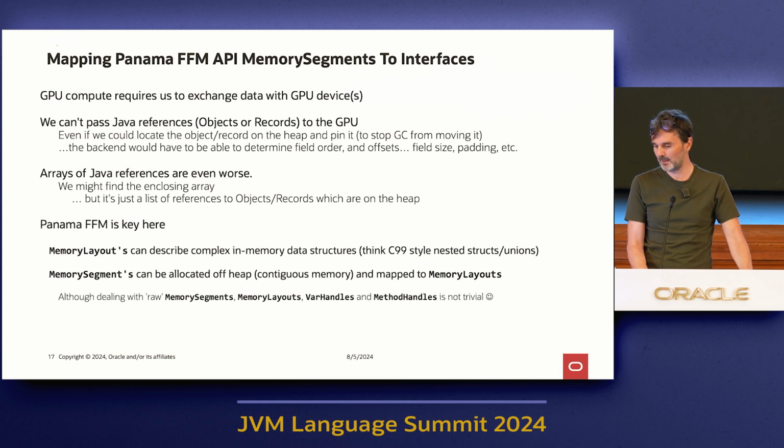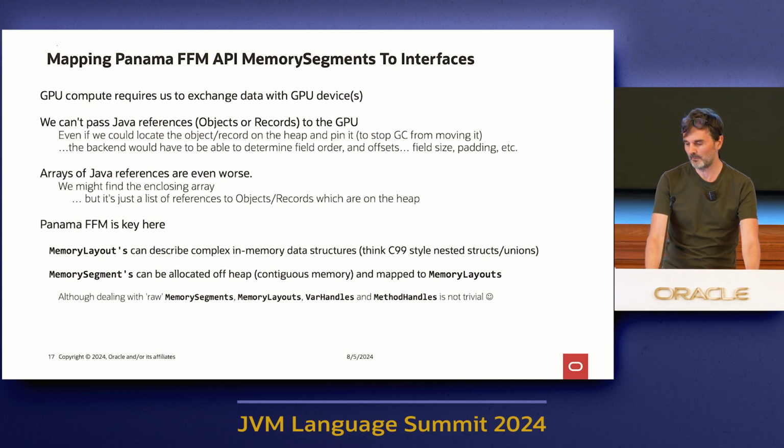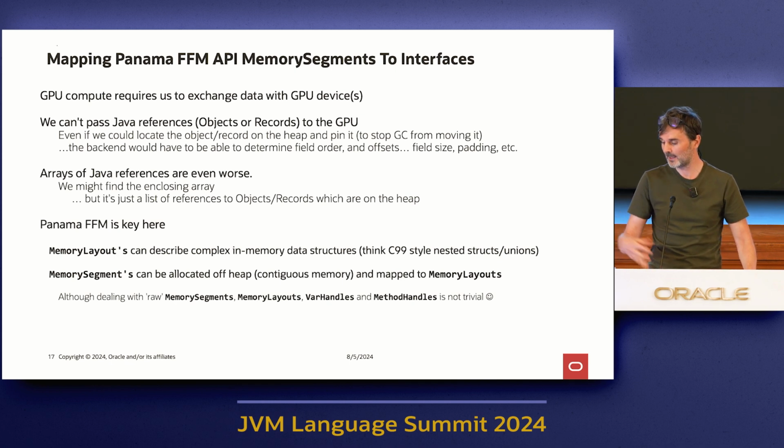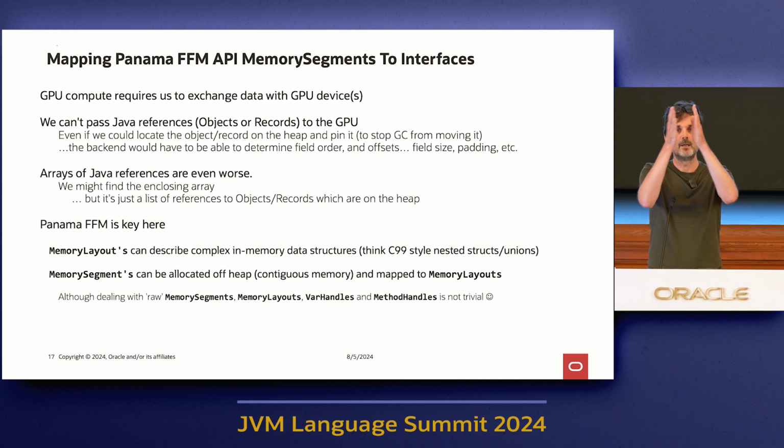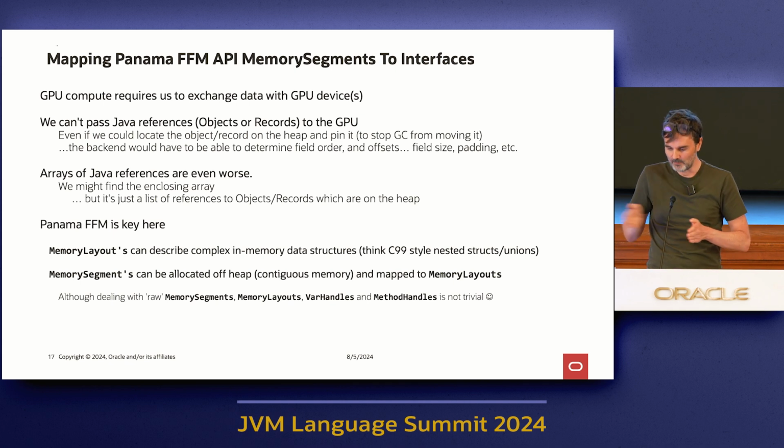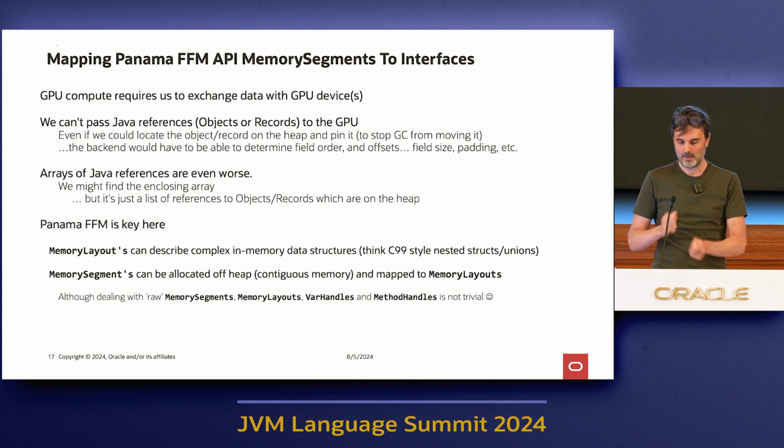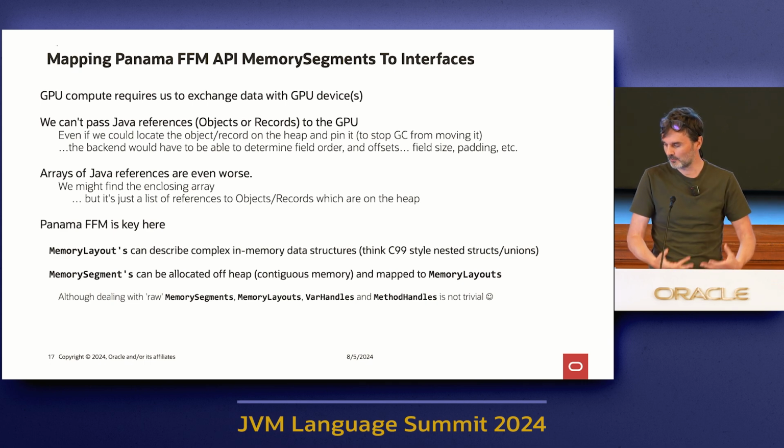This is what's going to really help us, because we can use memory layouts to describe the off-heap memory, and we can use memory segments to allocate memory where it's contiguous, and we can effectively describe what it does.